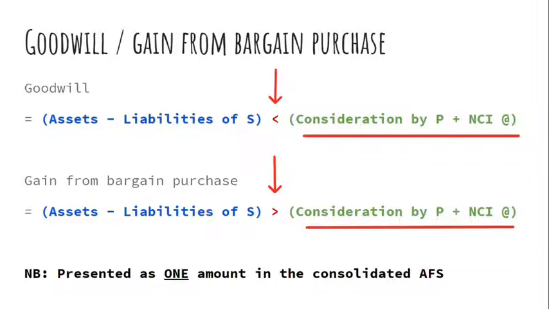From this discussion, you would have realized that a portion of goodwill can originate from what the parent is willing to pay for his proportionate share, and another portion from the measurement of NCI, and the same goes for the calculation of gain from bargain purchase. But in the end, you take the total goodwill and the total gain from bargain purchase and present that as one amount in the consolidated financial statements.